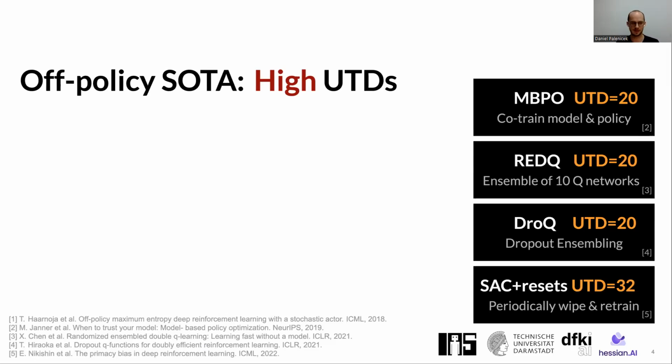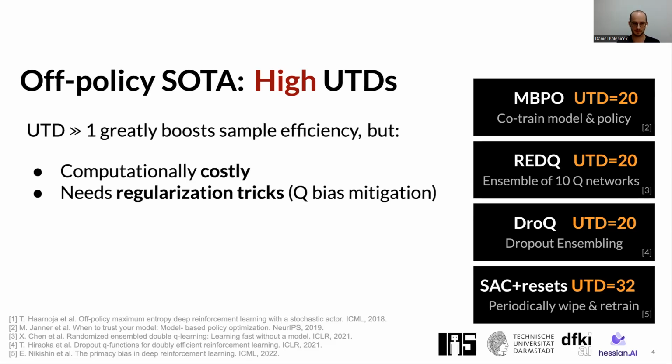Classically, we have model-based policy optimization as a model-based algorithm where you train a model and then you generate synthetic data so you can do more policy updates per real environment interaction. And then more recently, on the model-free side, we have algorithms like RedQ, DroQ, or SAC with resets, which do higher update to data ratios and take different measures to be able to do so.